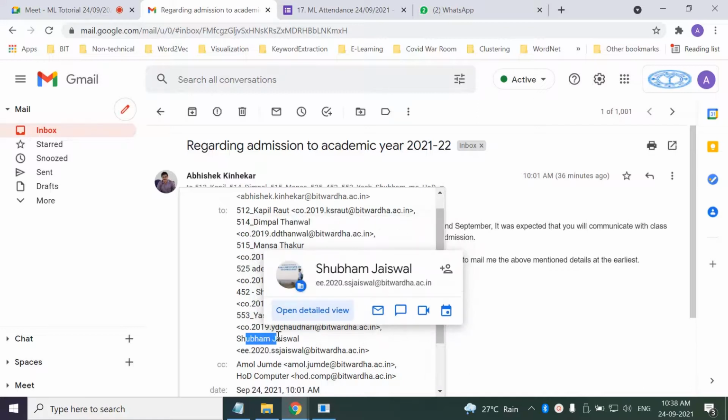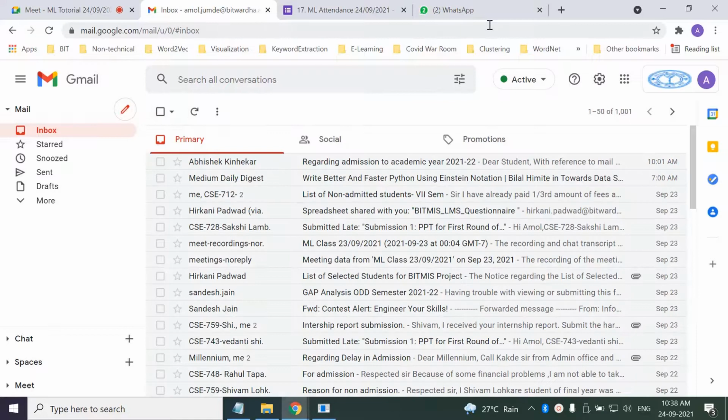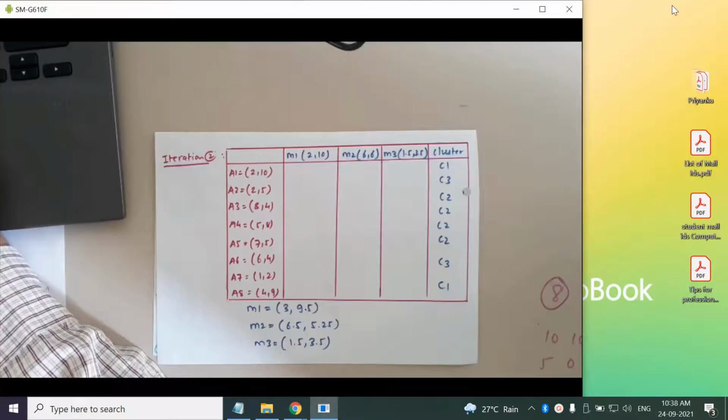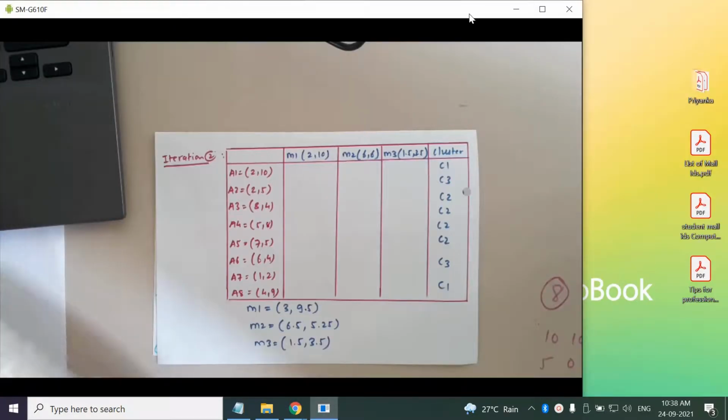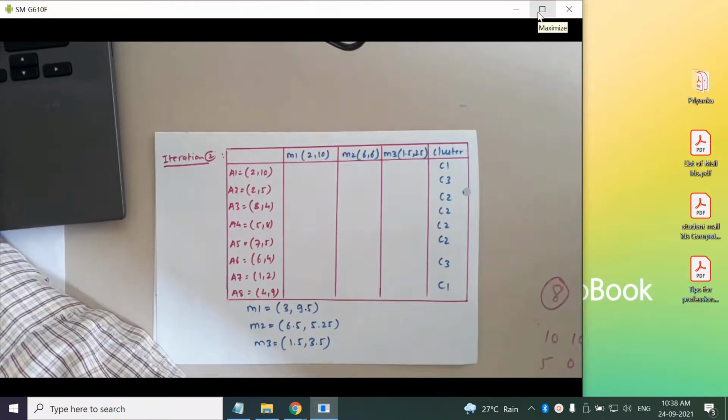Can't you send one mail to your class teacher? Kindly convey your reason why you have not taken the admission and what is the status. If you have done the payment, convey your reason, so that we can tell the admin office. So do it after the class.